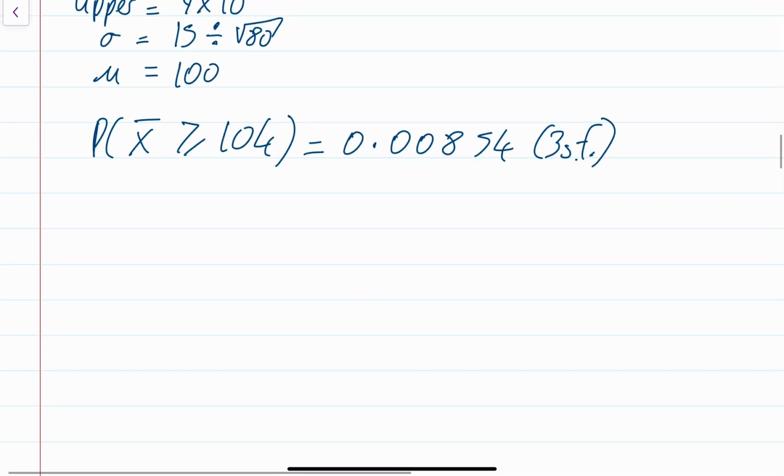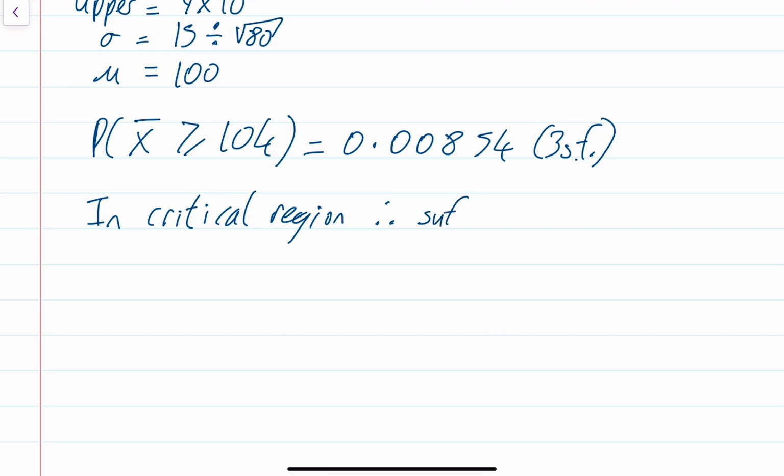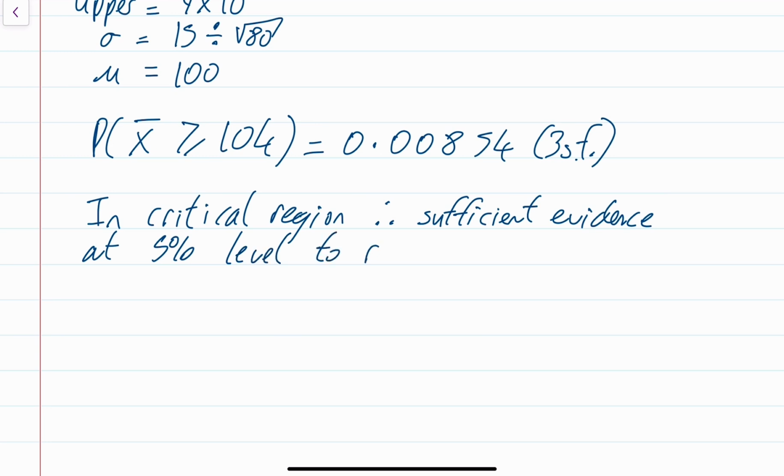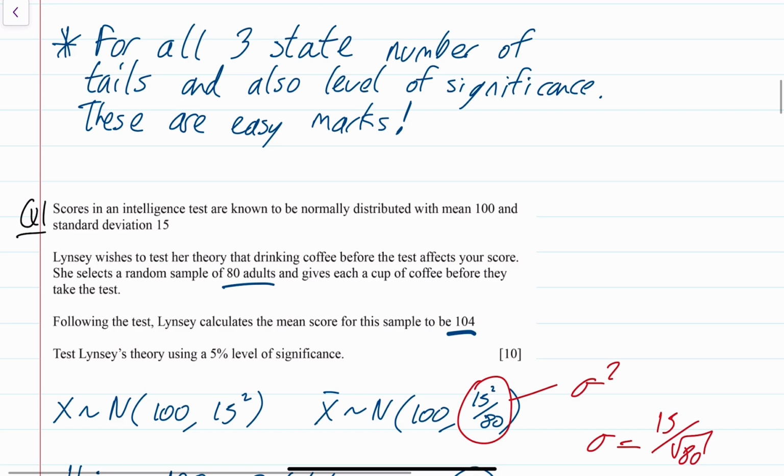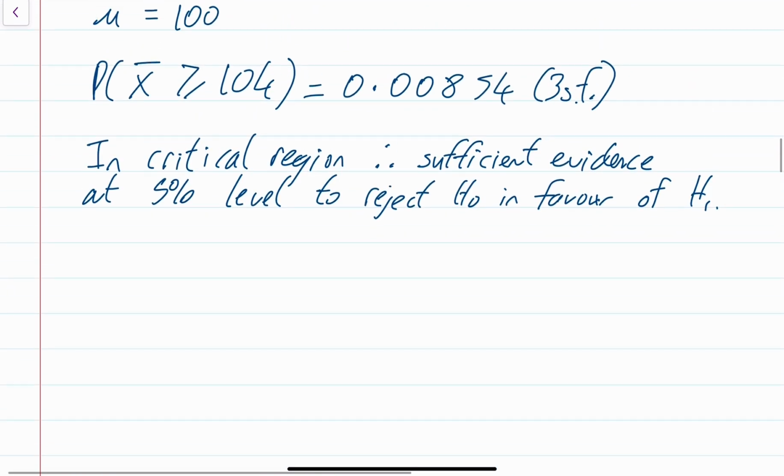So I am just going to say in critical region, therefore, and a nice way to say it is sufficient evidence at 5% level to reject H0 in favor of H1, and also relate it back to whatever the question is. So that was about coffee and intelligence test.